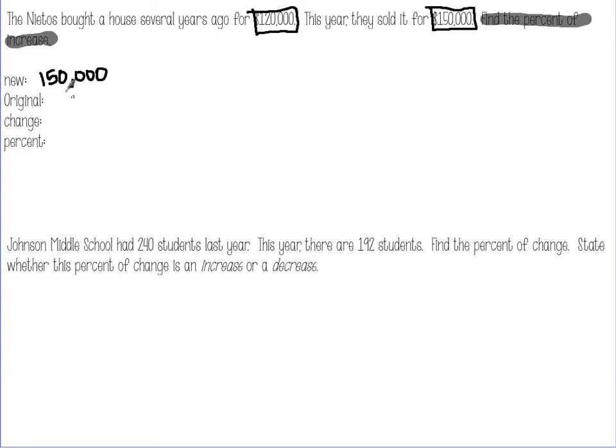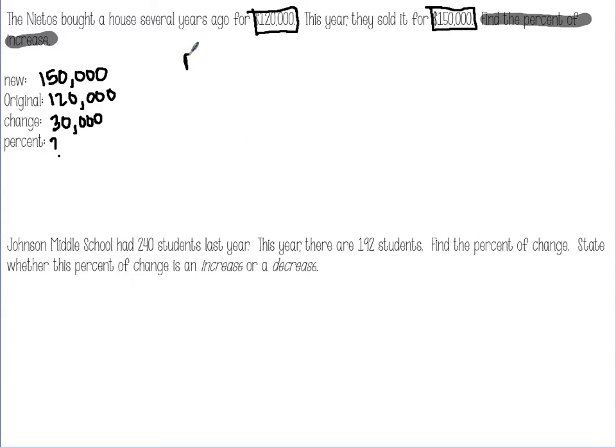So they bought it originally for the 120,000, but then they sold it for more. The change in this case would be 150,000 minus 120,000, which I can easily do in my head and know that it's 30,000. And then the percent is what I'm looking for.